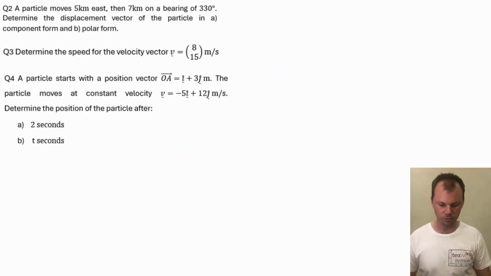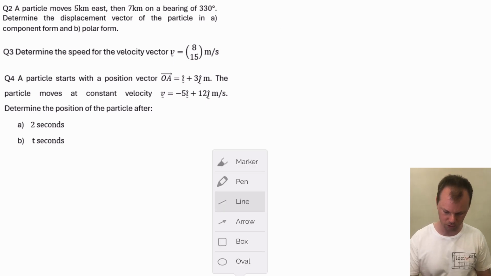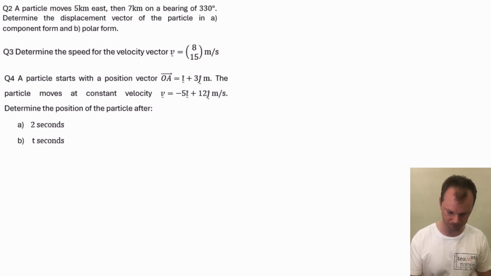A particle moves 5 kilometers east, then 7 kilometers on a bearing of 330 degrees. Determine the displacement vector of the particle in A, component form, and B, polar form. So let's draw this to show what's going on.